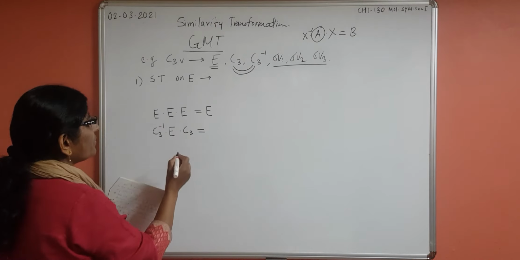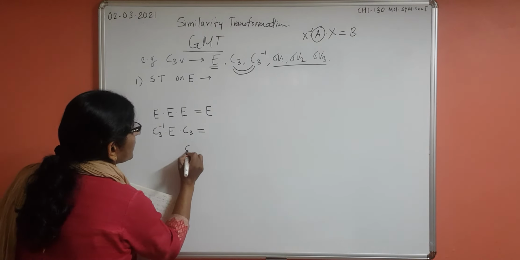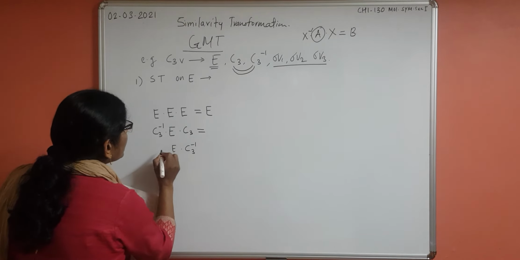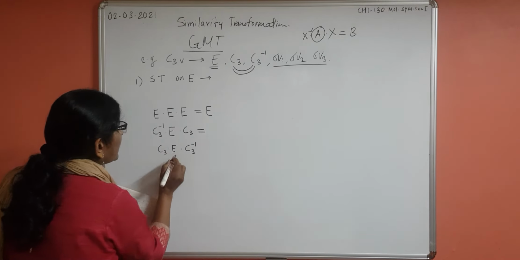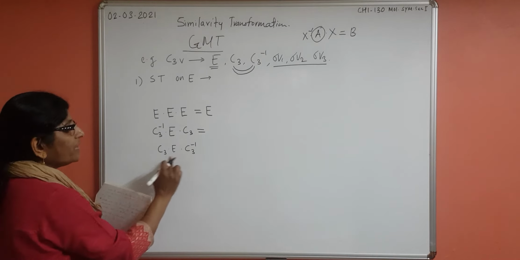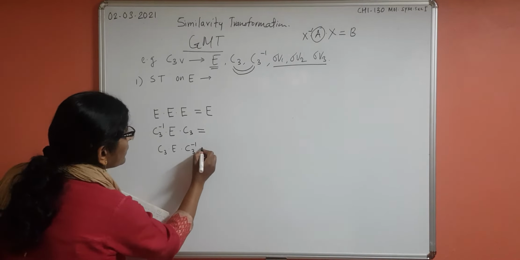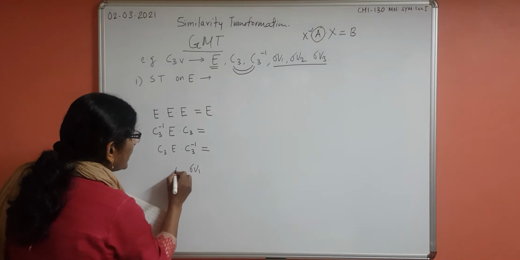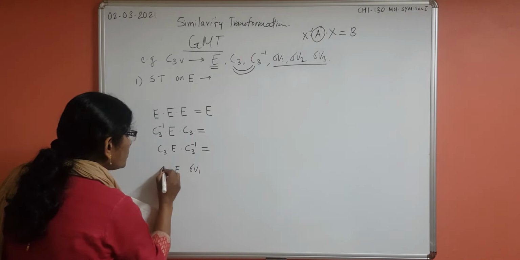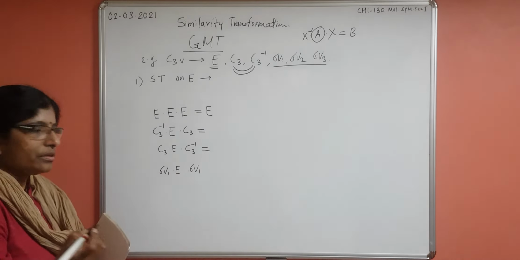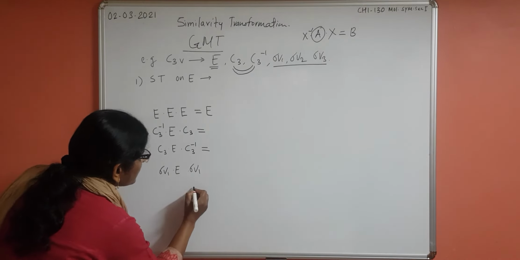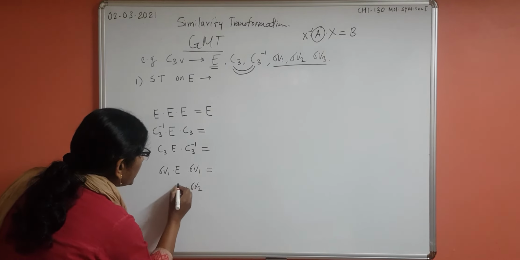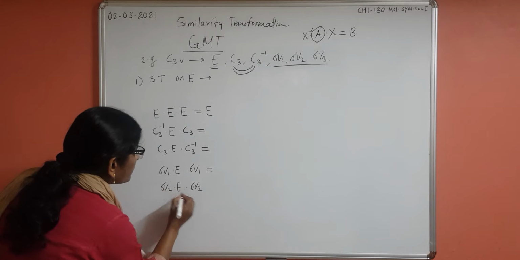First we'll write the equations and then find the answers. Now the third symmetry element, C3 inverse: I have written C3 inverse, E, C3. Similarly we'll find answers later on. Sigma V1, identity, sigma V1: the inverse of sigma V1 is sigma V1. Sigma V2, identity, sigma V2.